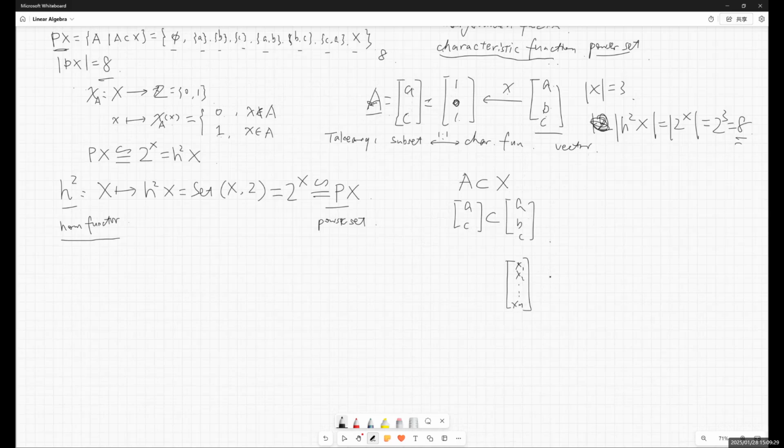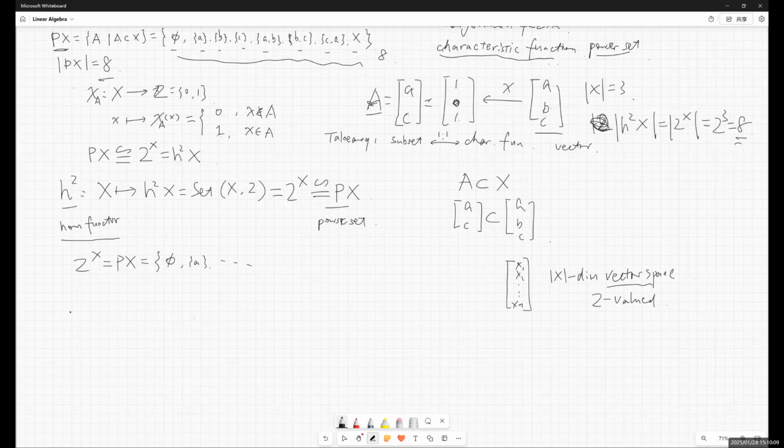We always have a vector space, X-cardinality dimensional vector space. And this vector space is binary valued. So it's a binary string. Actually, it's a binary string. So the power set has 8 members, empty, the singleton here, etc.